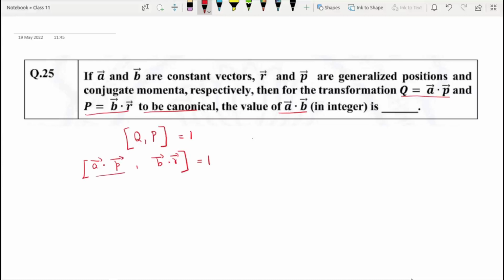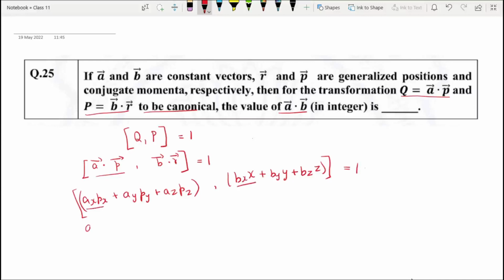So this can be written in dot product form: AX PX plus AY PY plus AZ PZ, comma, BX X plus BY Y plus BZ Z, and the Poisson bracket is equal to 1. Now take these two terms.